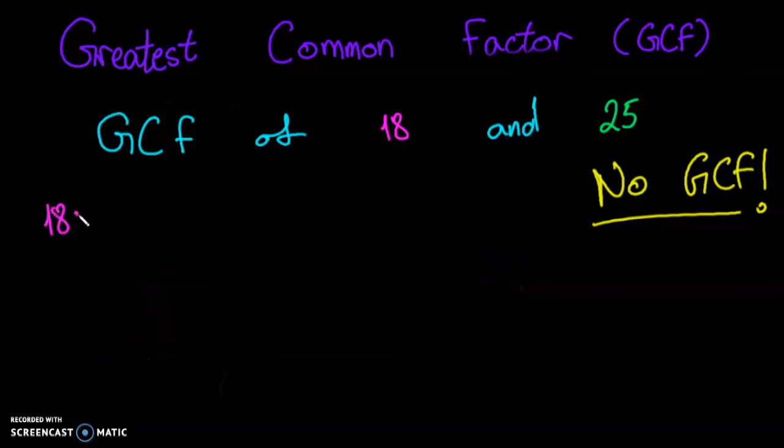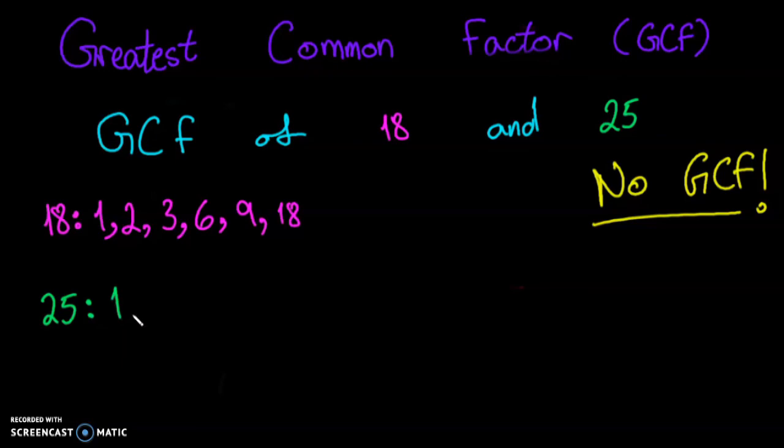So let's try it this way. 1 is always a factor. 2, 3, 6, 9, and 18. For 25, 1 is always a factor. 5 and 25.